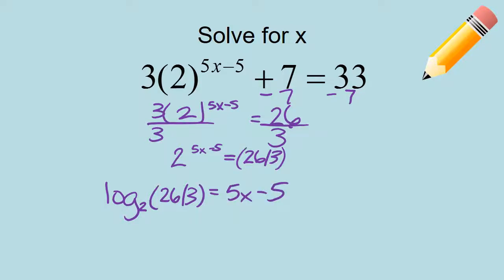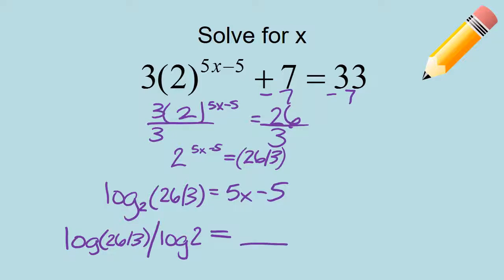So my calculator, here's how I'm going to type this in. I'm going to type in log of 26 thirds. I'm going to divide by log of 2. I'm going to press the equal sign. Now leave that in your calculator. Don't clear it. You want to use that irrational answer to continue.